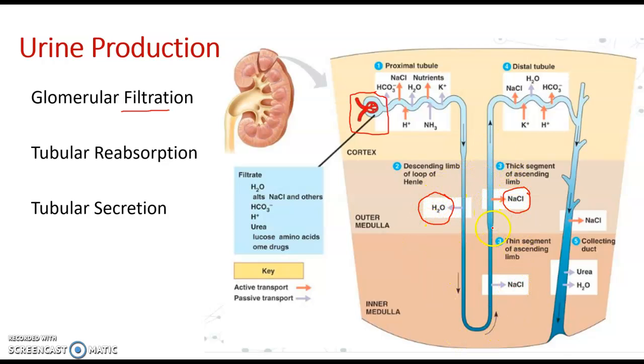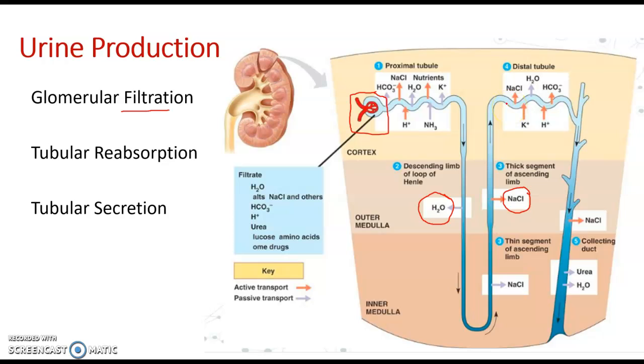And as these cells are pumping salt out and creating a higher concentration of salt on the outside, these cells over here that are loaded with aquaporins are going to experience a lot of osmosis, and they're going to start losing a lot of that water. And the result of that is going to be that we are going to end up with a concentrated filtrate or a concentrated urine.